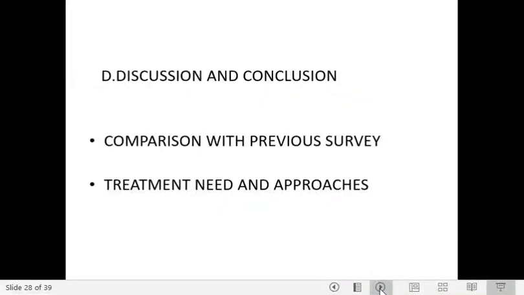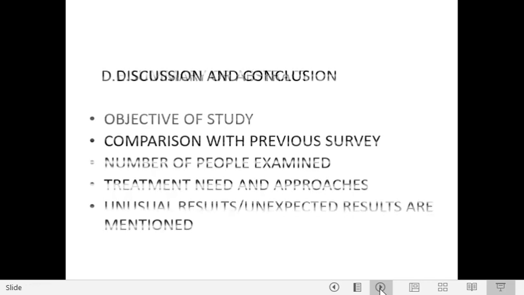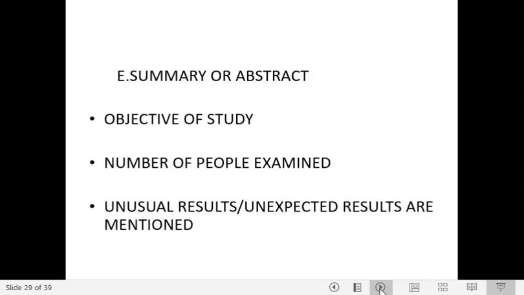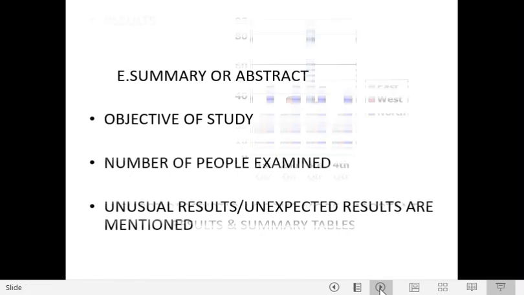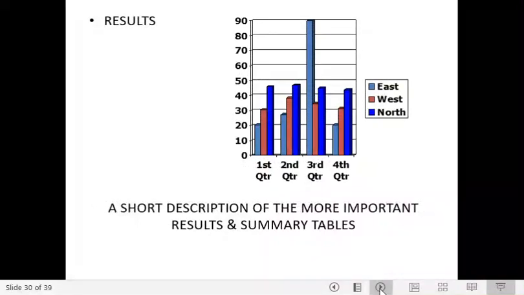After you do the survey, a necessary discussion and conclusion should be arrived at by comparing it with the previous survey. The treatment needed and approaches need to be discussed as well. A summary and an abstract is also to be written, which should include the objective of the study, number of people examined, and unusual or unexpected results should be mentioned.